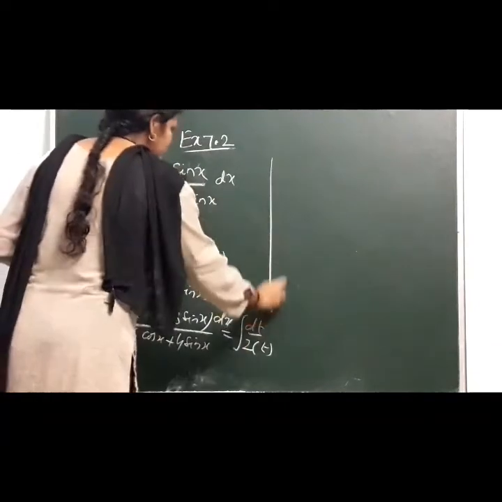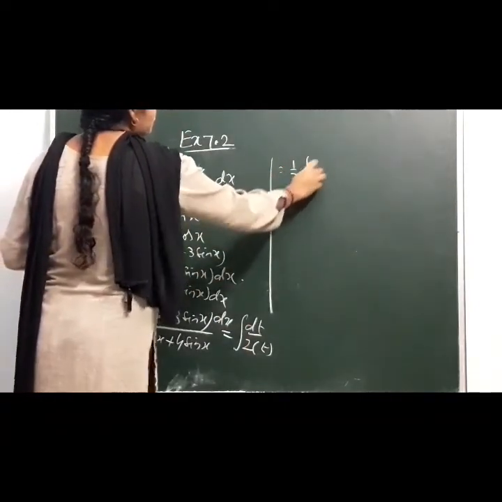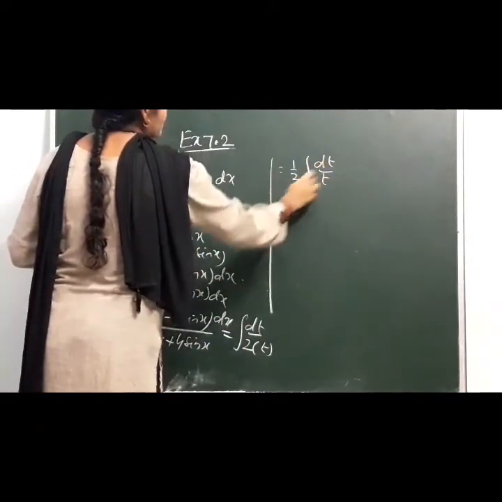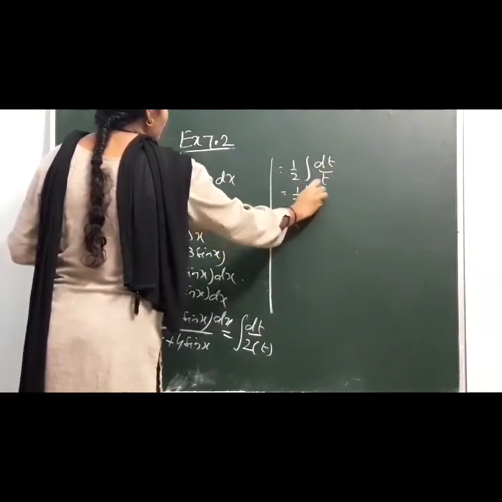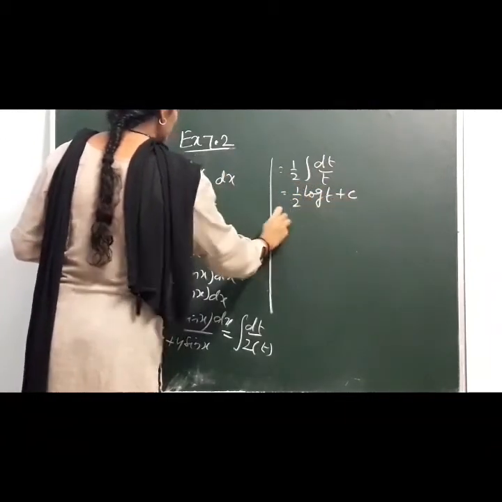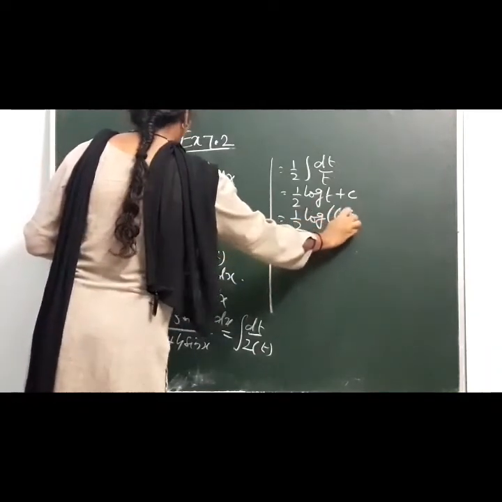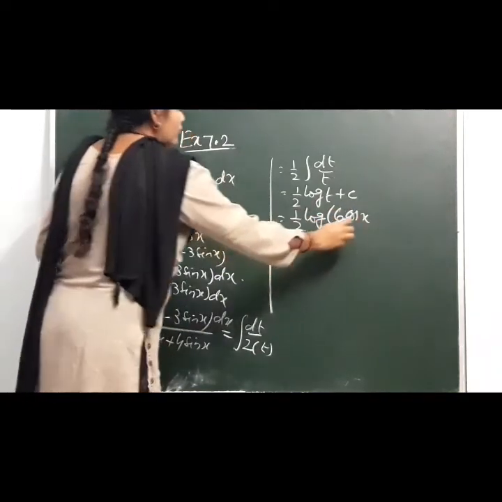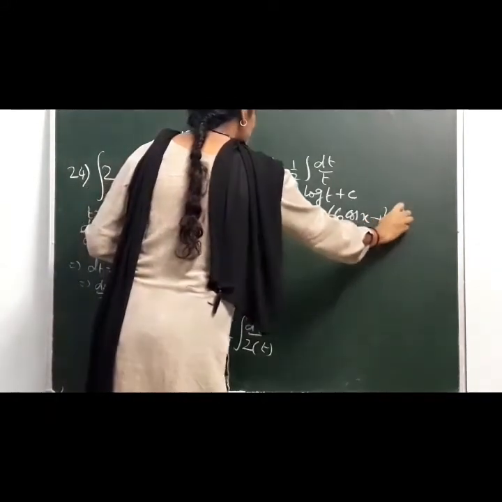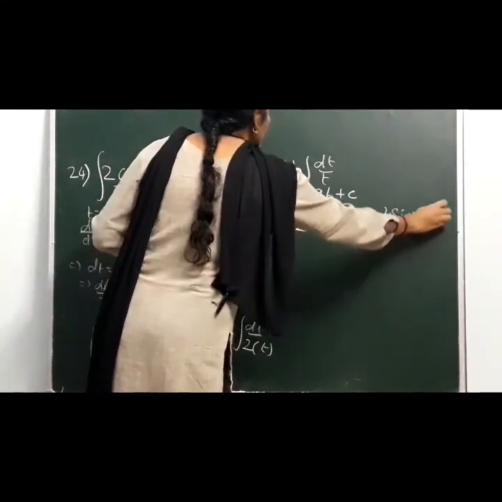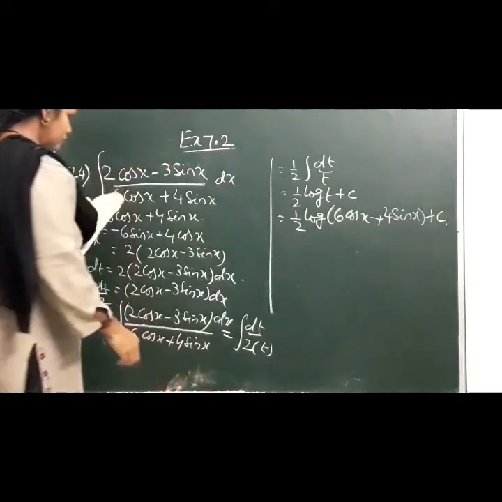So it becomes 1 by 2 dt upon t. Integral of 1 by t is log t plus c. With the t value, it is 1 by 2 log (6 cos x plus 4 sin x) plus c. This is the answer.